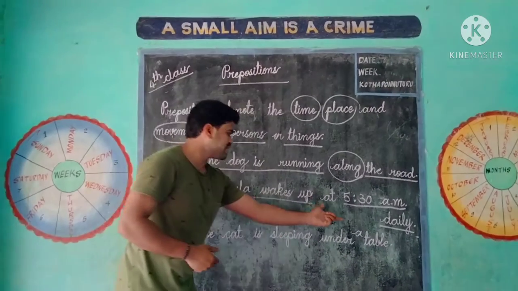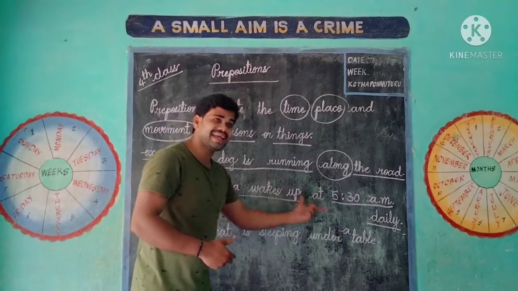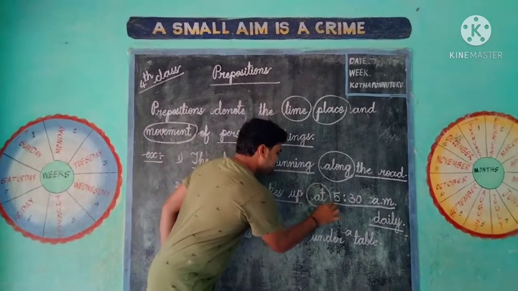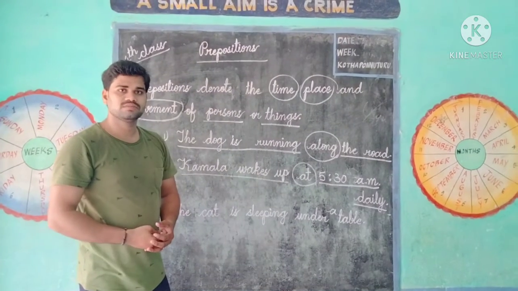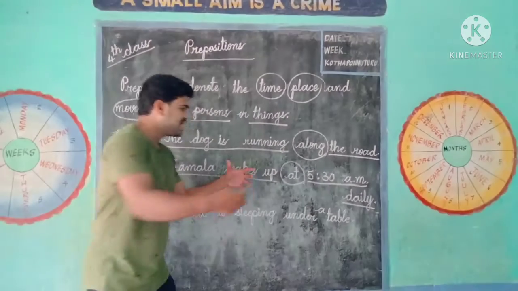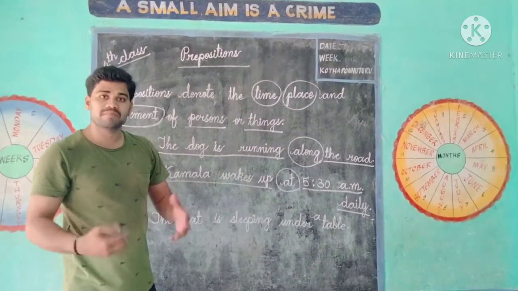When we write at, then it becomes a meaningful sentence. Kamala wakes up at 5:30 a.m. daily. Here the word at denotes the time, and also it connects these two parts. That's why at is a preposition.